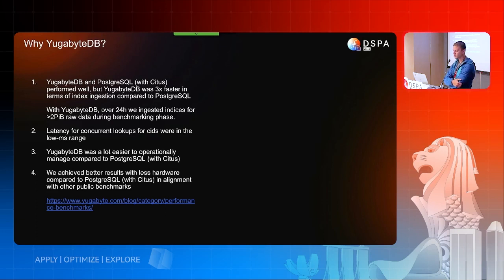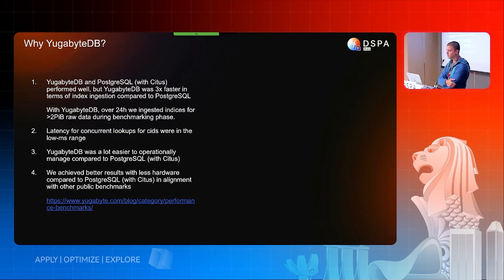Given the amount of data that SPs are holding today, that's a good result, meaning that they can run a migration within a single day and convert all the indices that they hold in their existing DAG store into the new system. The latency for concurrent lookups was also quite good, in the 1 to 5 millisecond range.